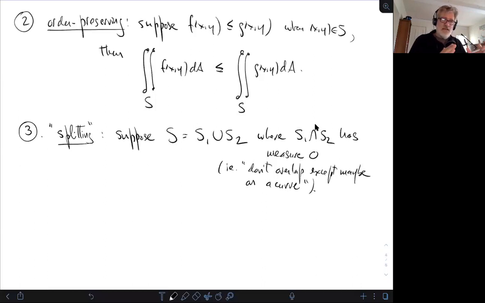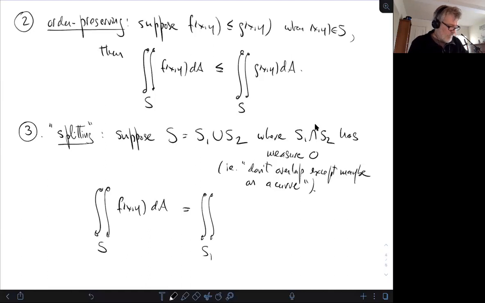But suppose that S splits up this way, then you can probably guess what the property is, that the double integral over S of your function f will split as the sum of the integral of f over S1 plus the integral of f over S2.